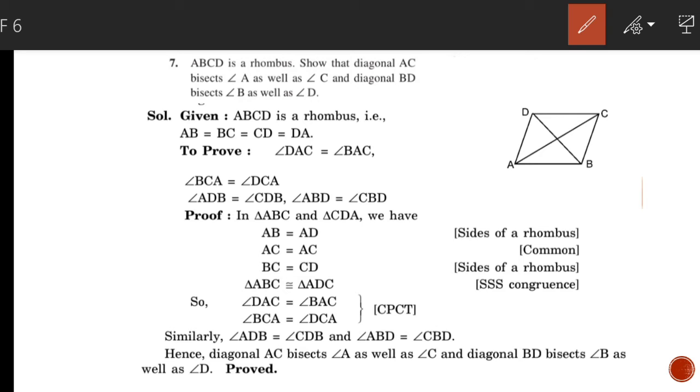So from the rhombus we get that all four sides are equal, and we have to prove angle DAC is equal to BAC. So angle 1 and angle 2 are equal. Again we have to prove angle 3, BCA, and DCA, angle 4, are equal.